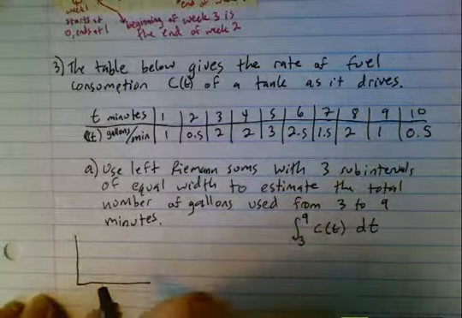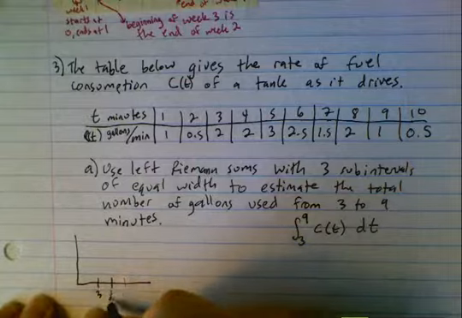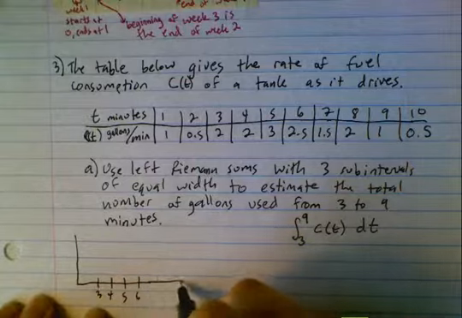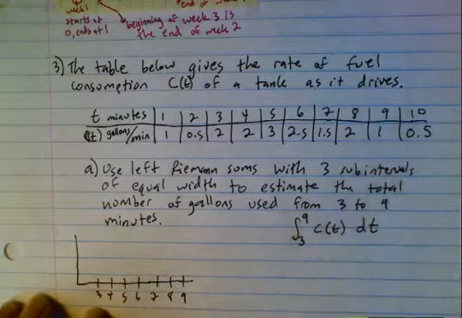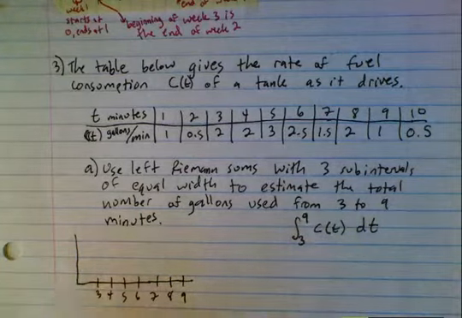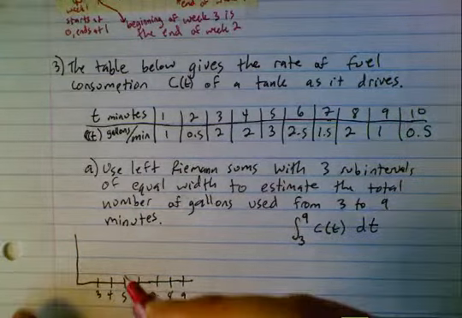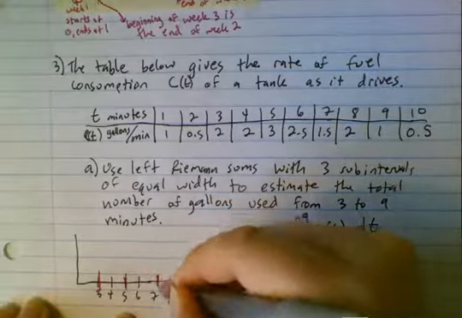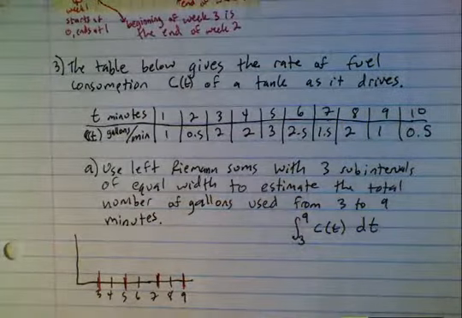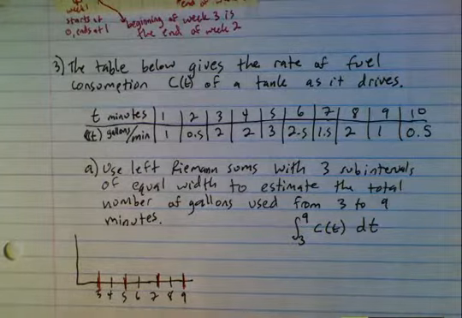So we're interested in 3, 4, 5, 6, 7, 8, 9. And we're doing 3 subintervals of equal width. So here to here, here, here. That gives us 3 subintervals. We're going to be using left Riemann sums.